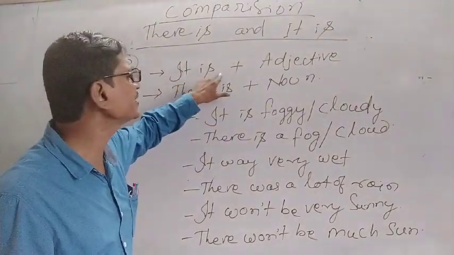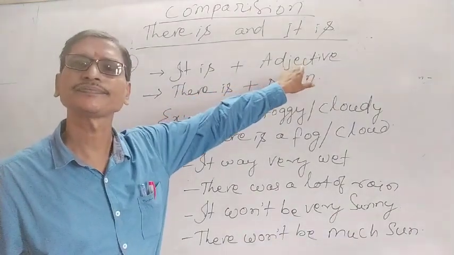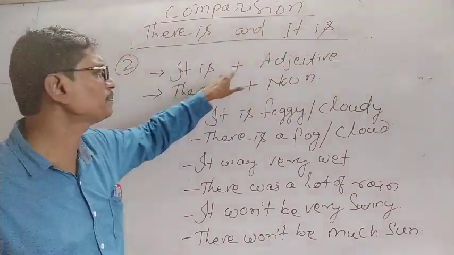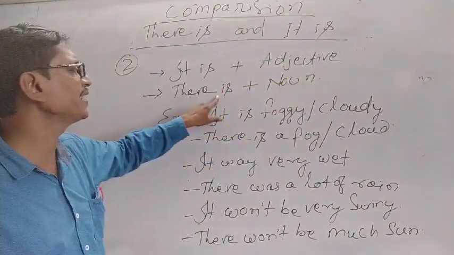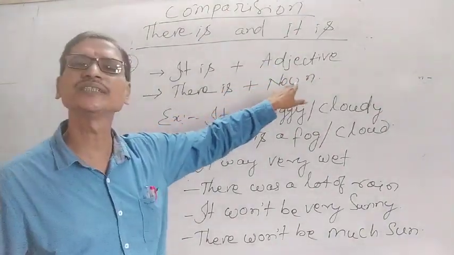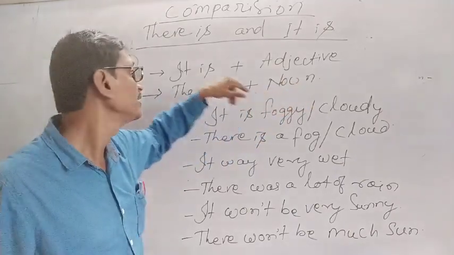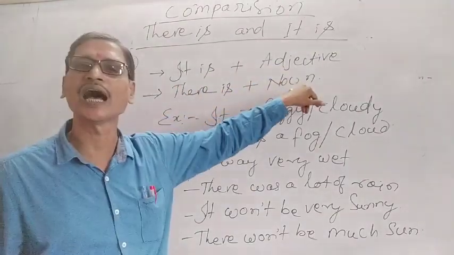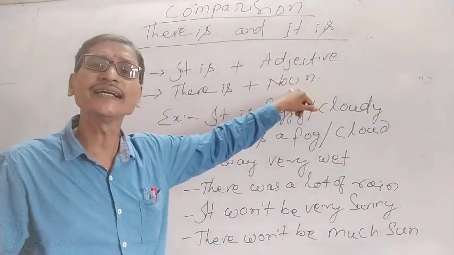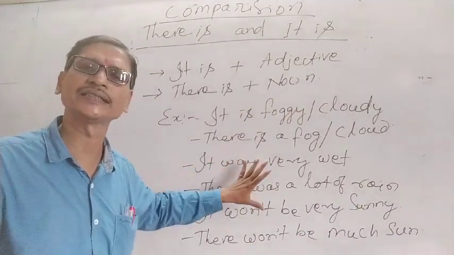See, it is always followed by an adjective, whereas there is always uses a noun. So this is the difference. It is uses adjective, there is uses noun. For understanding, here we have written some examples so you can better understand.